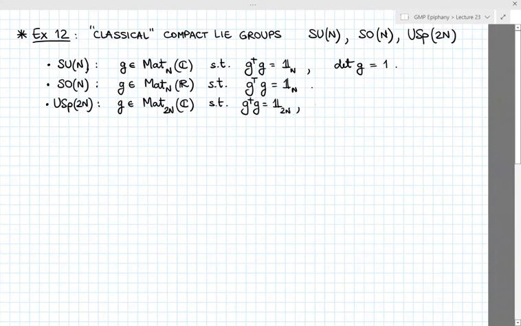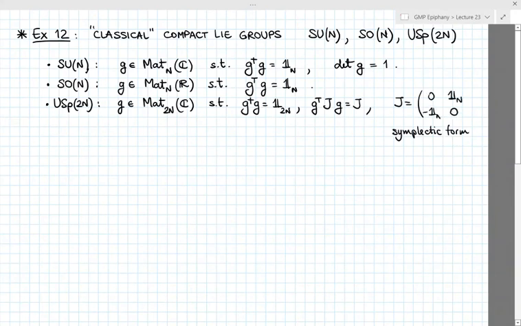And symplectic means that G transpose times J, the so-called symplectic form, times G is equal to J, where J is the following 2n by 2n antisymmetric matrix, which we obtain by taking blocks of the zero matrix and the identity matrix like this.